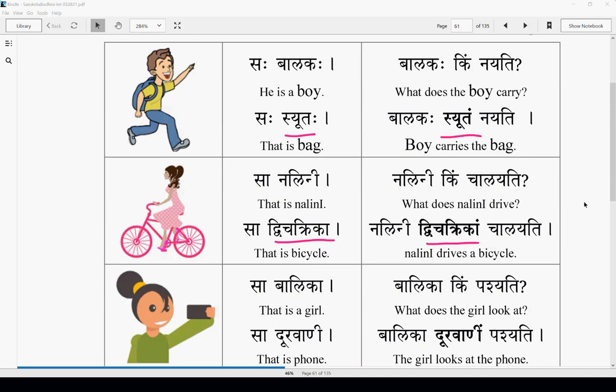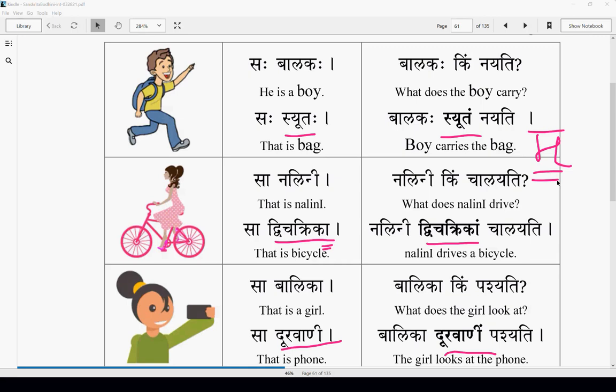Then the next example we have Dirgha Ikaranta Strilinga Shabdaha, Duravani. Its Dvitiya Vibhakti form is Duravanim. So basically, for the base word we are adding the ma. The Anuswara ma we already discussed, where it is Anuswara and where it is not.